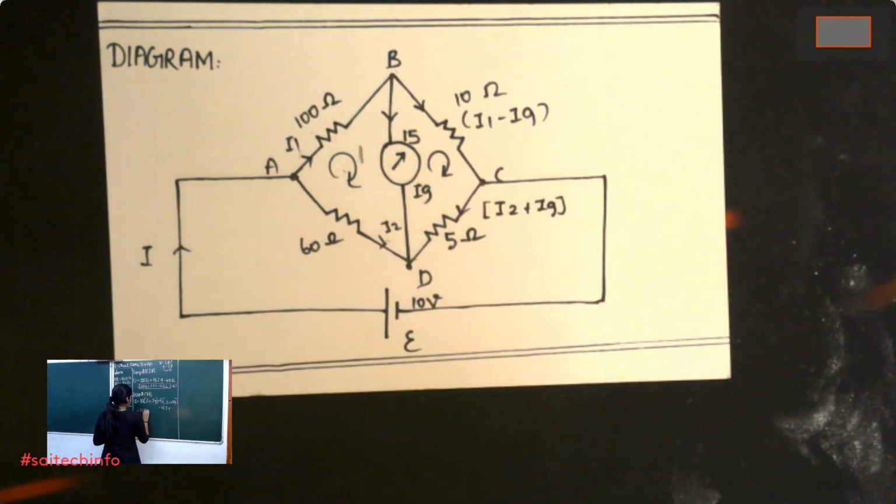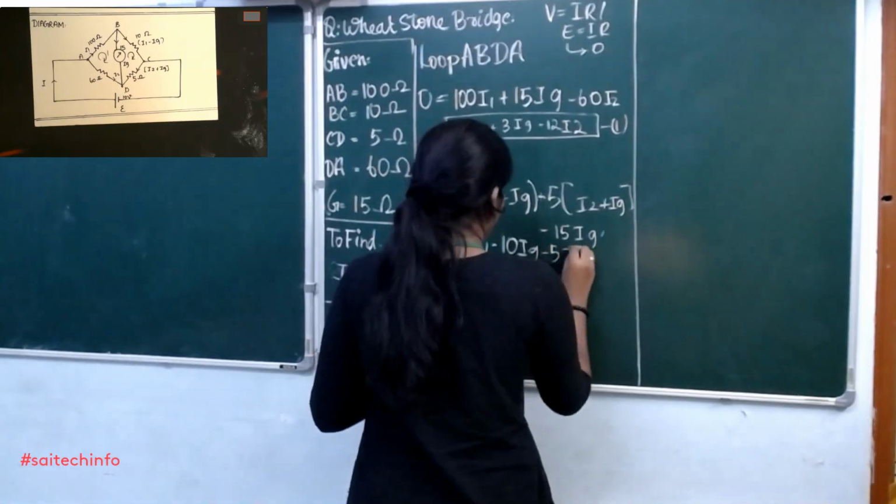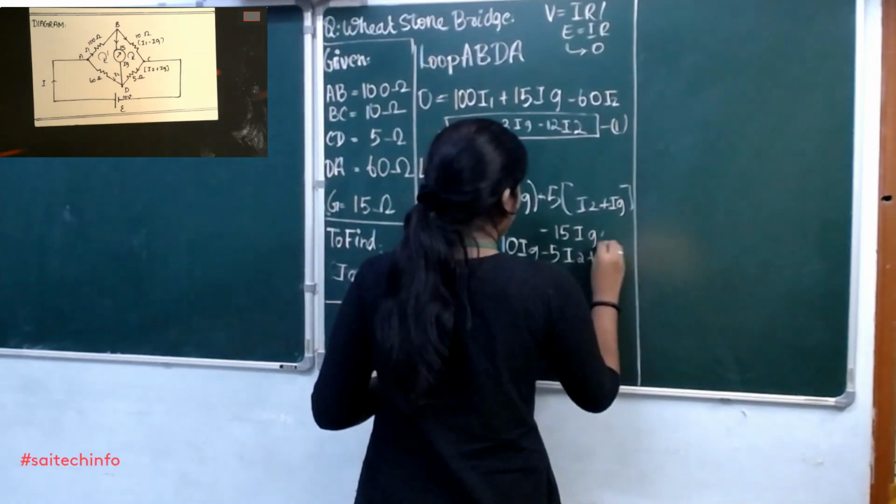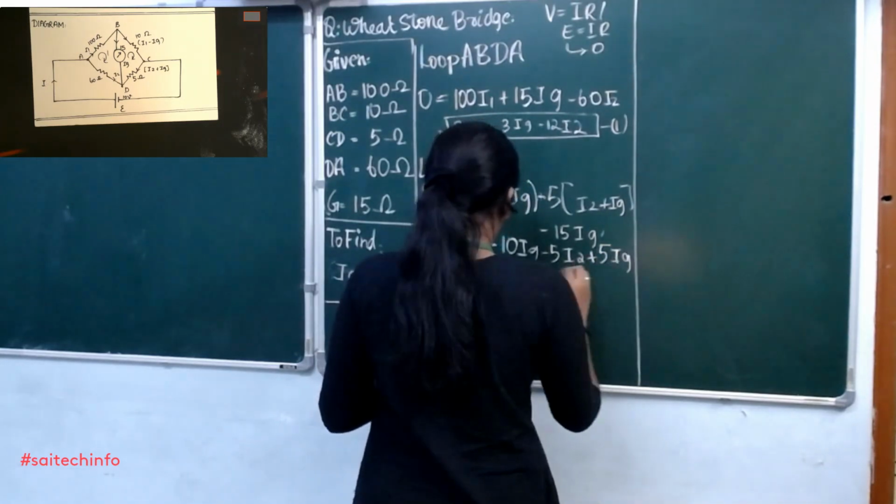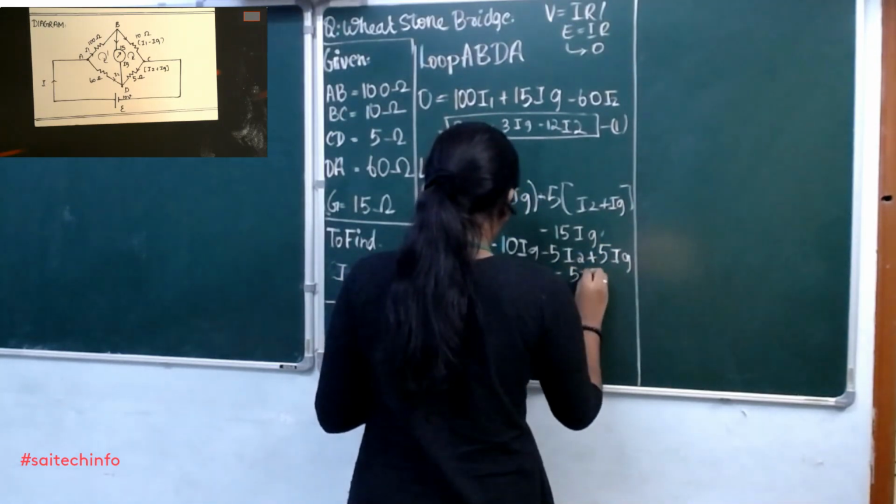So 10 I1 minus 10 IG minus 5 I2 plus 5 IG minus 15 IG.